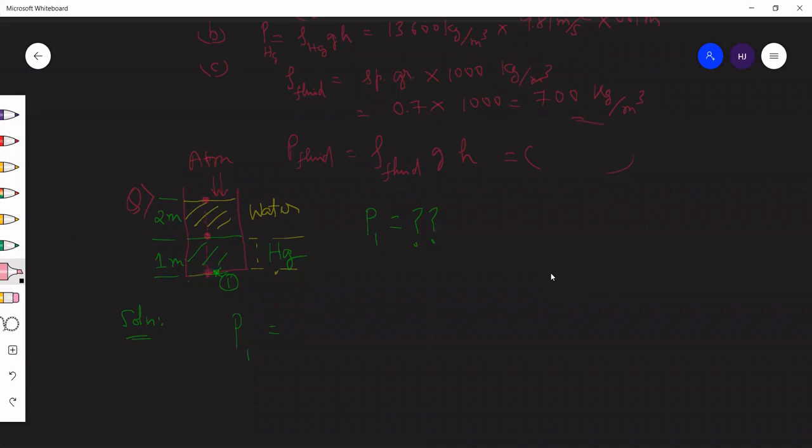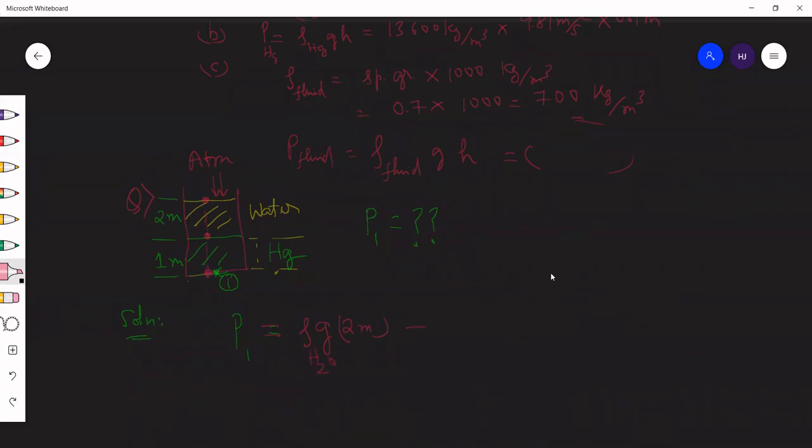So I simply, instead of writing this equation, I can now directly write like this. What is the increase at this point? Okay. The pressure at P1 can be written as rho G, 2 meter. What is this rho?